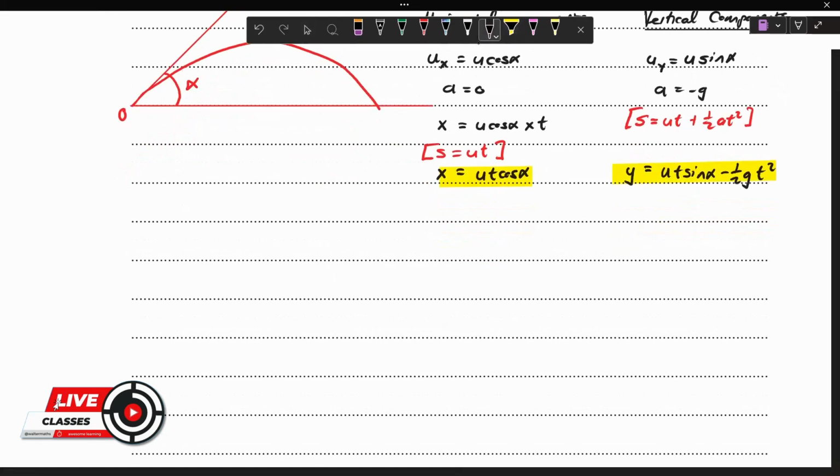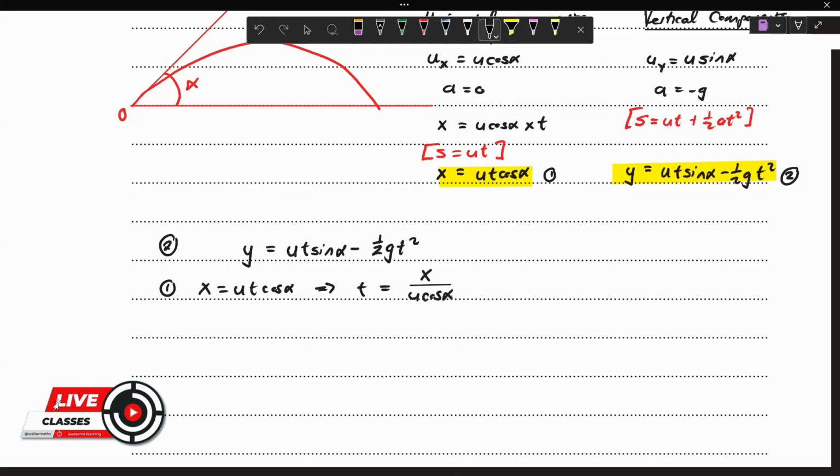All right. So I'll call this 1 and I'll call this 2. So if we take 2 goes y is equal to ut sine alpha minus half gt squared. And from 1, from x being equal to ut cos alpha, we can deduce that t is equal to x over u cos alpha.